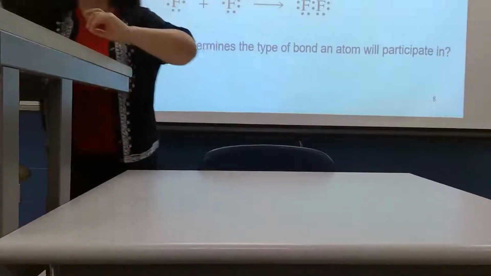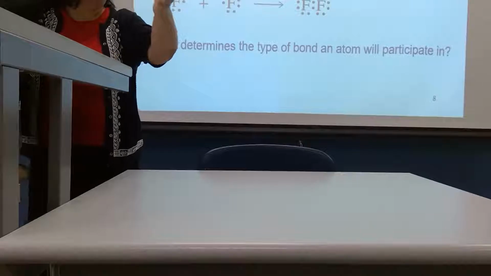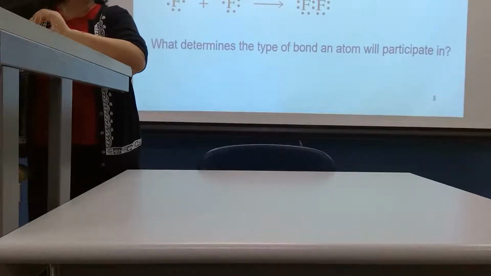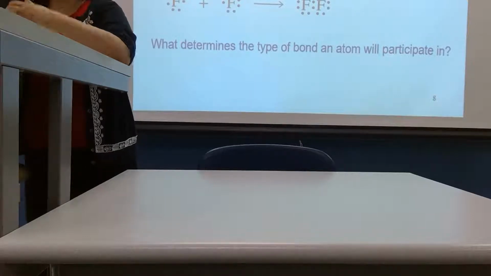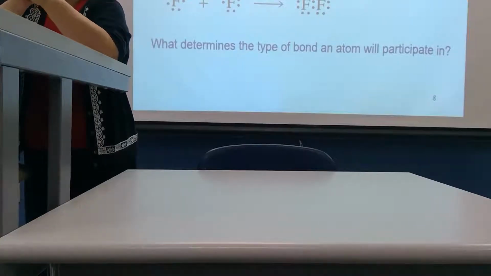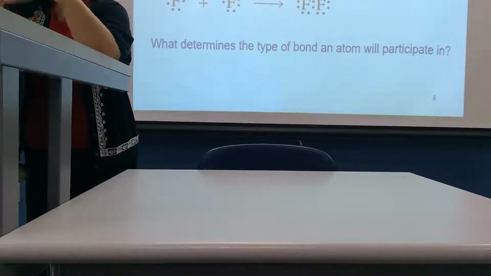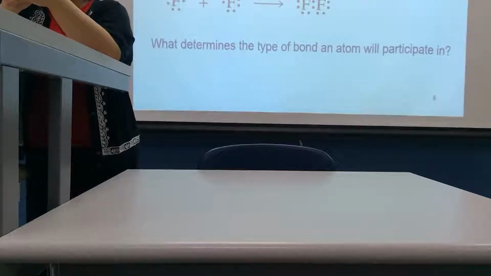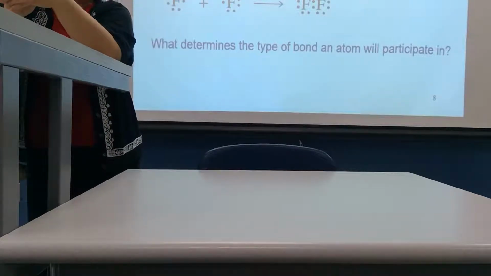To complete the octet, like boron for example, or if not in the second row, because they will be more stable. Everything in organic chemistry, whatever you are doing, think about stability. Everything reacts to be more stable, to have lower energy. After they bond together, they will have lower energy, they will be more stable.